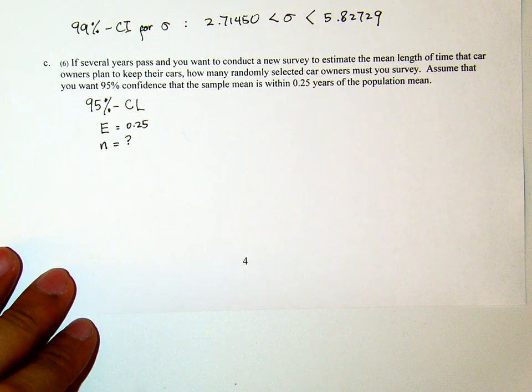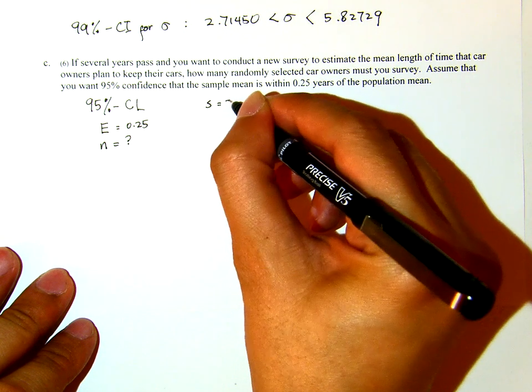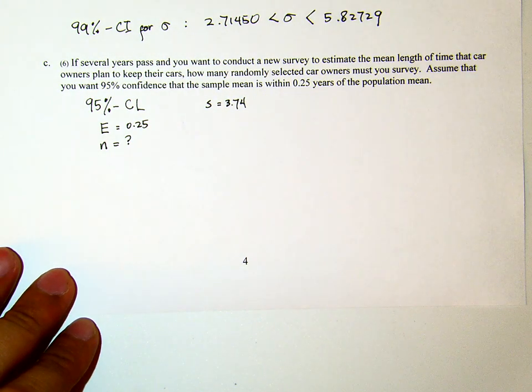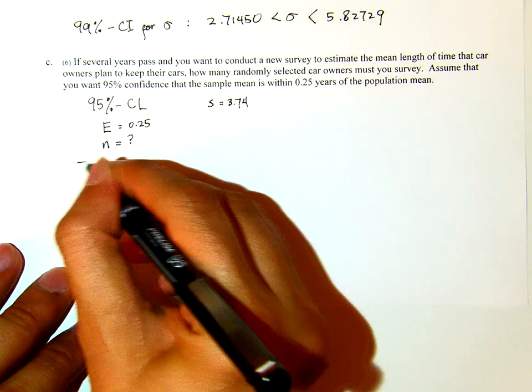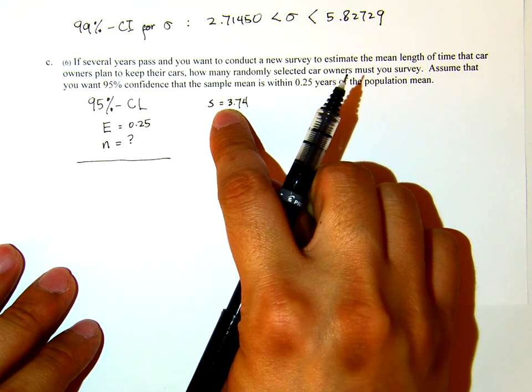The problem is we don't have the population standard deviation, right? We only have the sample standard deviation, which is 3.74. So what can we do? This is what we'll do. We will assume this is our population standard deviation first.